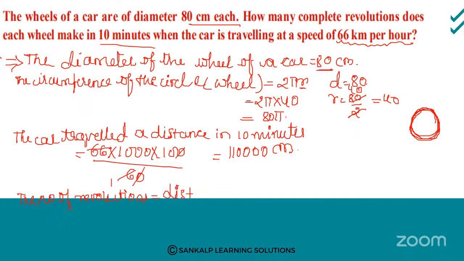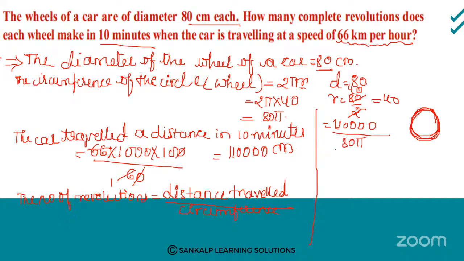How do we calculate the number of revolutions? Distance traveled divided by circumference. Okay, distance traveled, how much distance it has traveled, divided by circumference. Now we know the value of distance, that is 110000 divided by circumference.